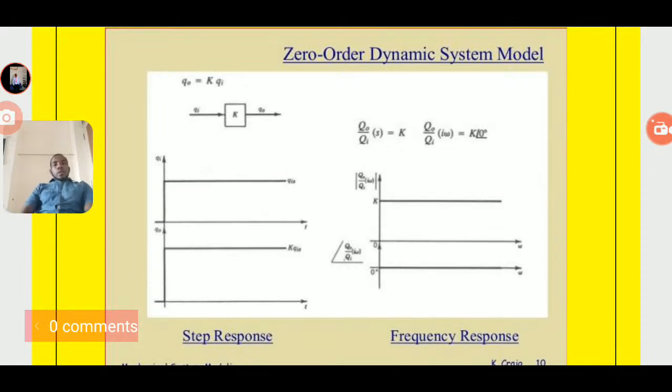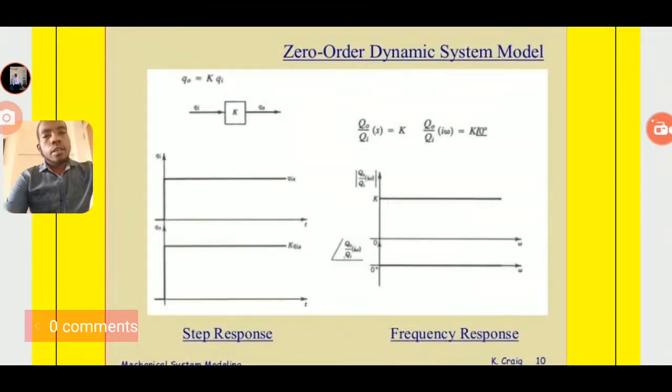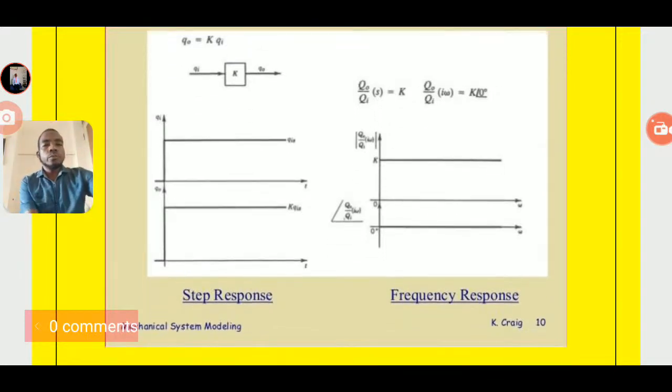Well, now what we are going to see is the zero order dynamic system model. So here in the zero order, q naught is equal to k qi. Like this we can calculate, and the graph should be like this linear graph or some constant graph or the straight graph.